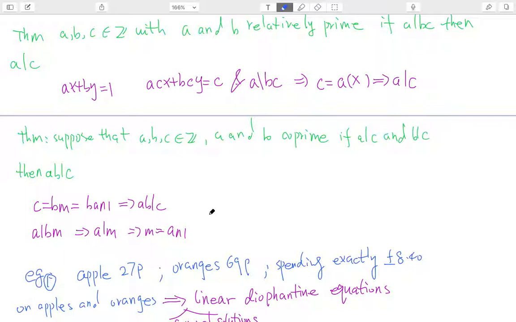For apples, the price is 27 pence each, and for oranges, the price is 69 pence for one. And you are given a task that you need to spend exactly 8.4 pounds on these two kinds of fruits. You need to find all the ways. How can you do that?